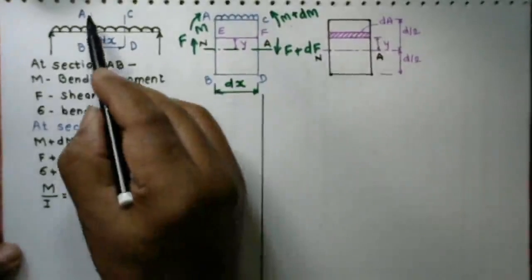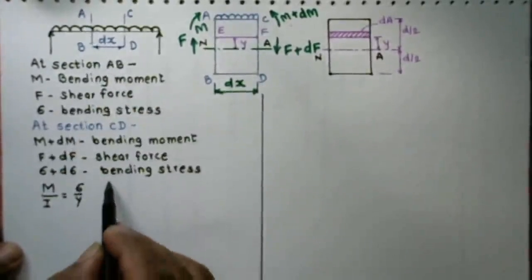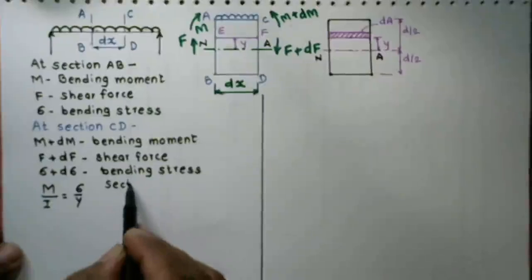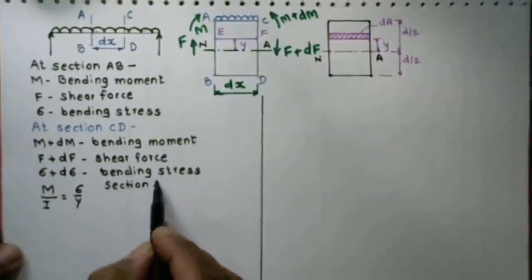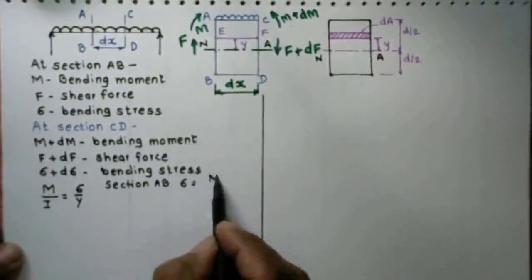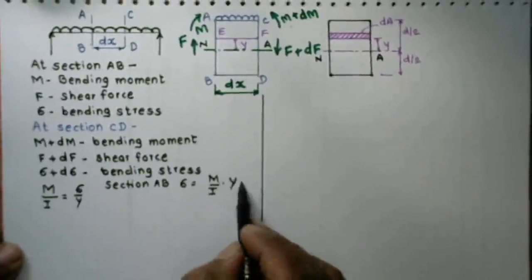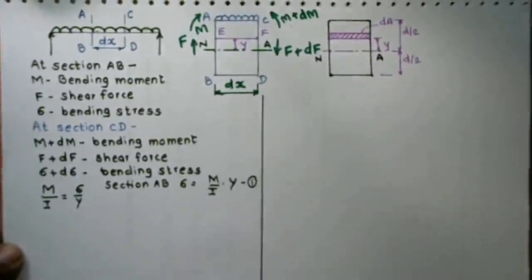First we consider section AB. For section AB, sigma is equal to M upon I into y, say equation number 1.